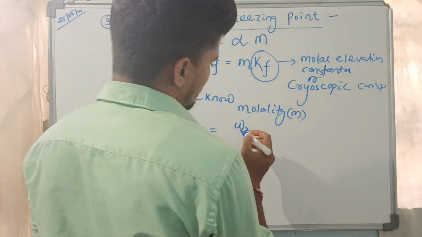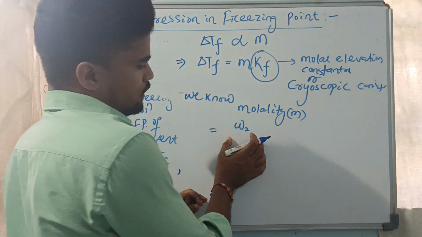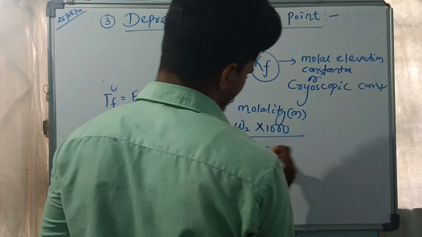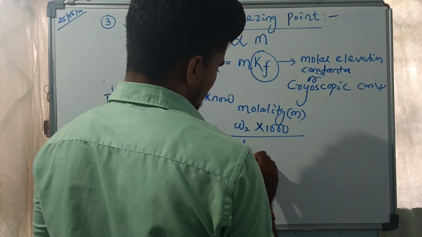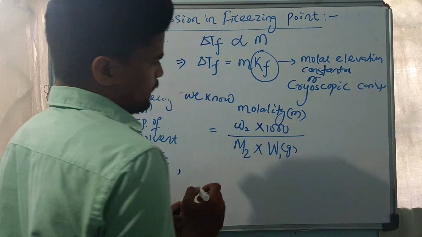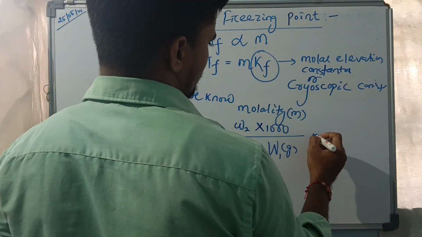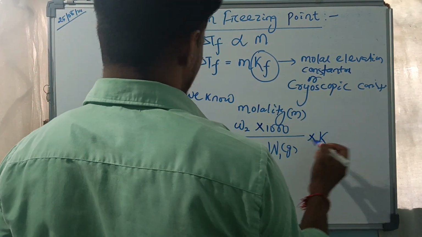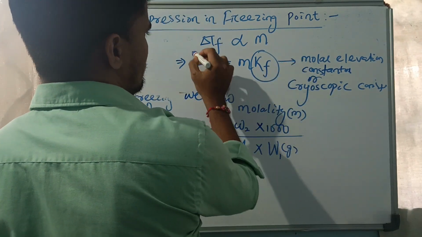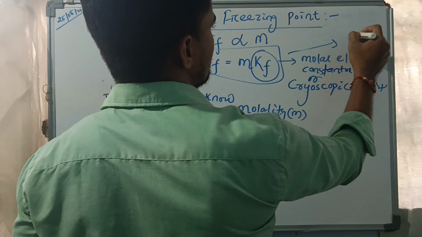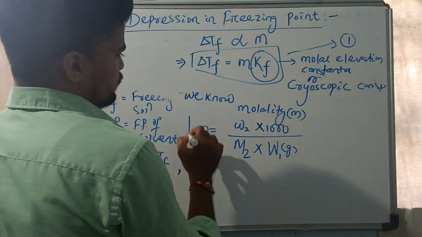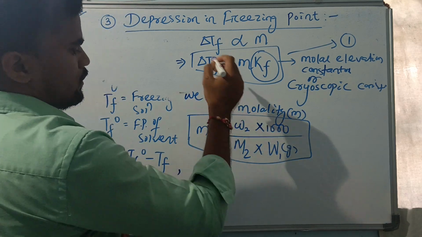So molality is W2, the weight of the solute, multiplied by 1000, whole divided by M2 into W1. Suppose this is equation 1. Now put the value of m in equation 1.